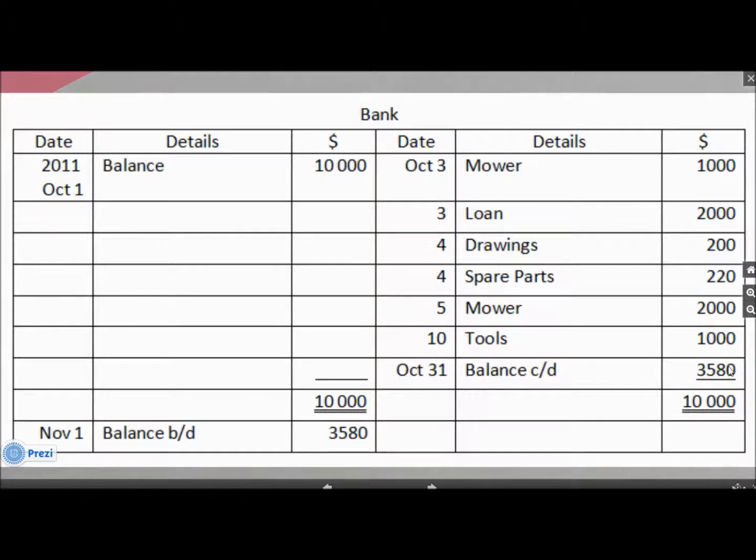This number comes from 10,000 minus 1,000 minus 2,000 minus 200 minus 220 minus 2,000 minus 1,000, and then it's 3,580. And this number comes here as balance brought down. And this is the first day of next month, November 1st.